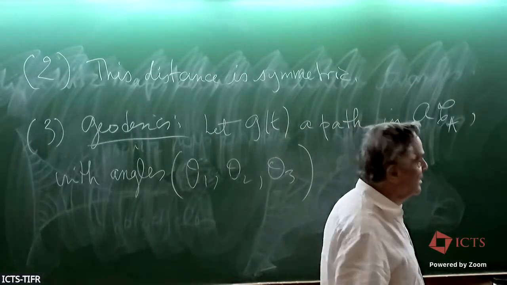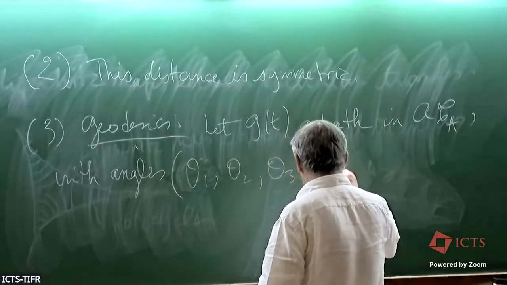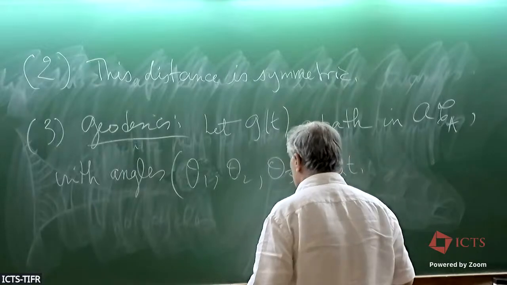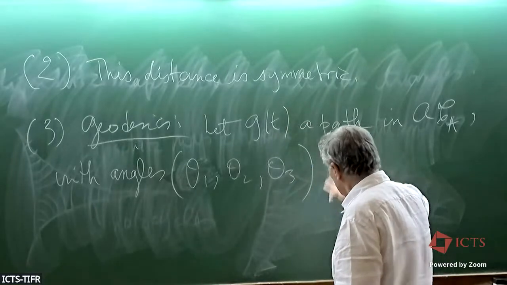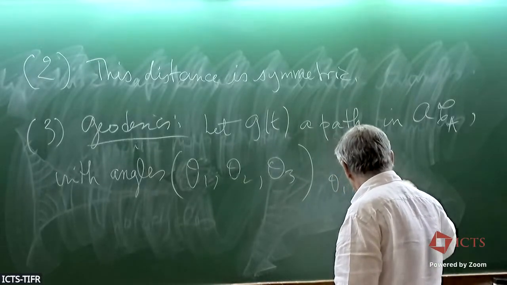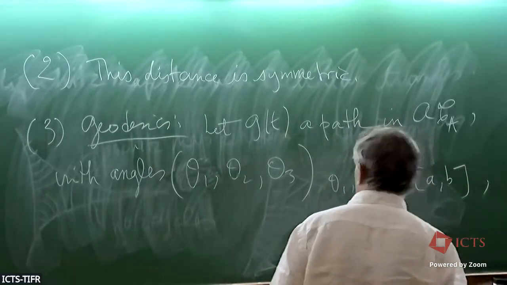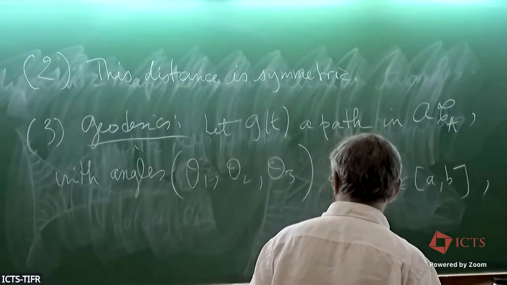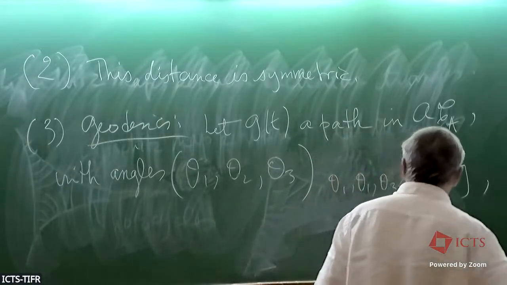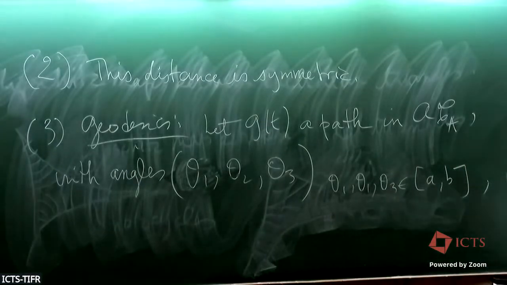Of course, the vertices are marked vertices. With these theta 1, theta 2, theta 3, say in some interval AB, and such that not all of them are constant on a common interval.